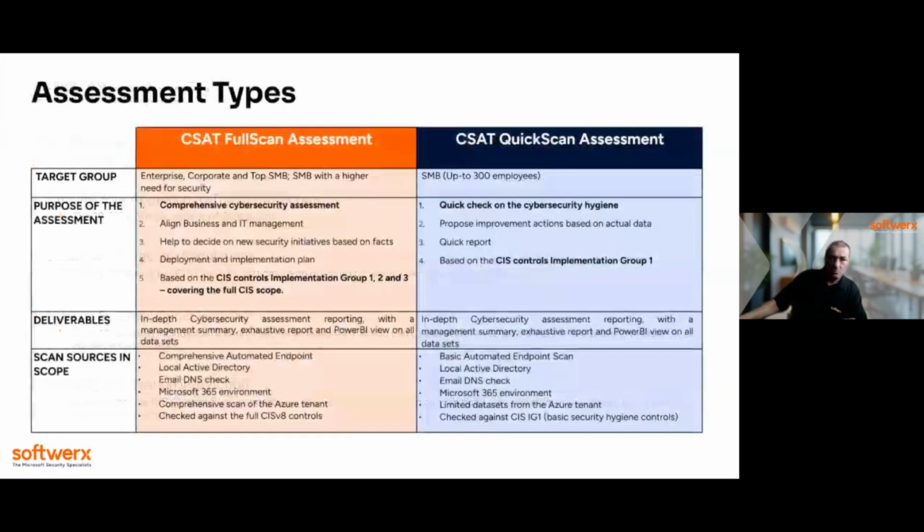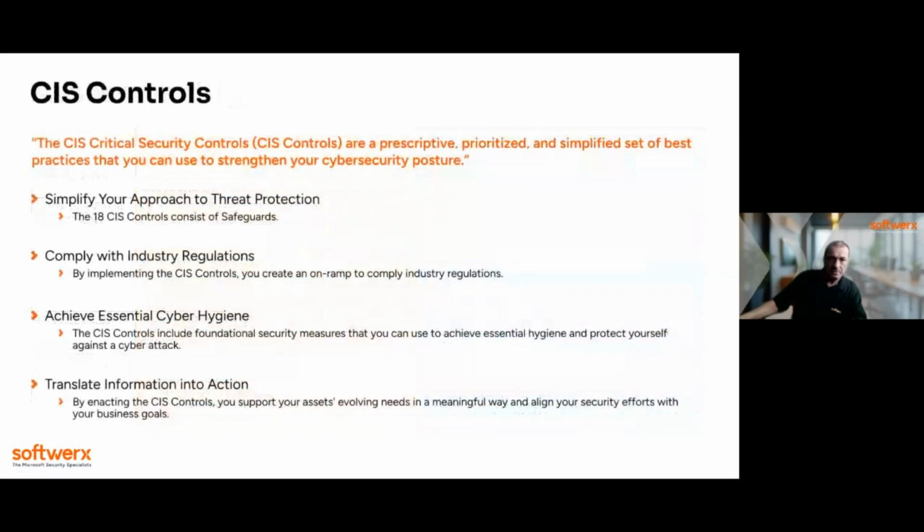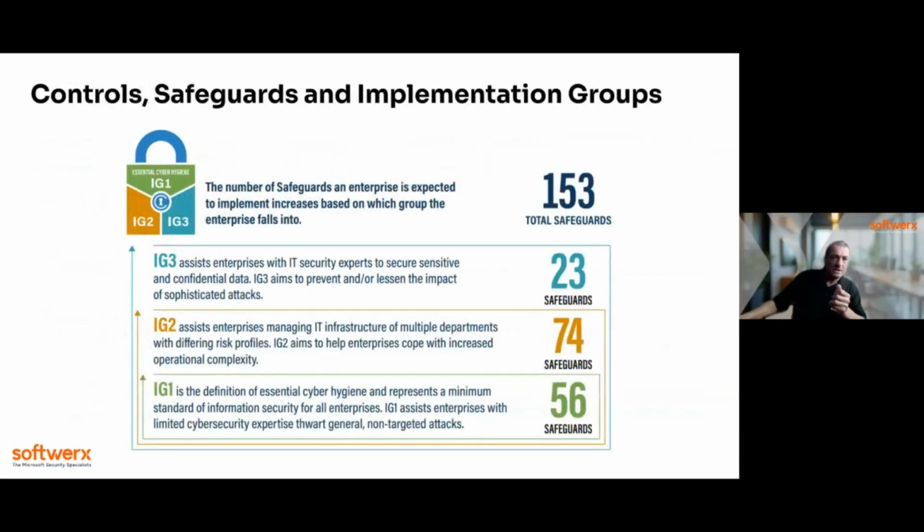Let's talk a bit about the controls and implementation groups. So hopefully you'll recall in the basic scan, the quick scan, we were talking about implementation group 1. You can see here that implementation group 1 is broken down into 56 safeguards across the controls.